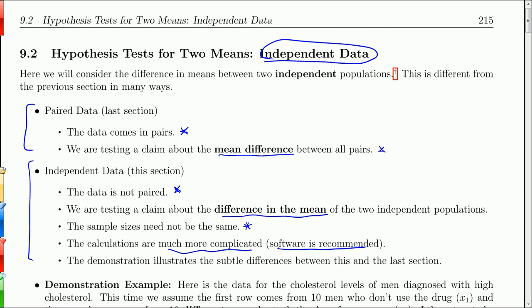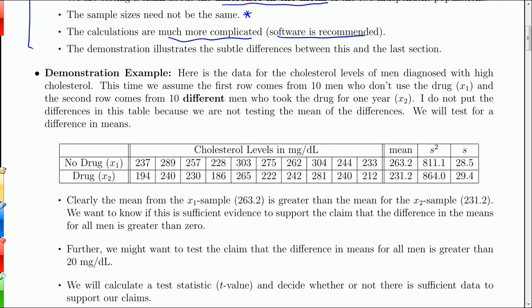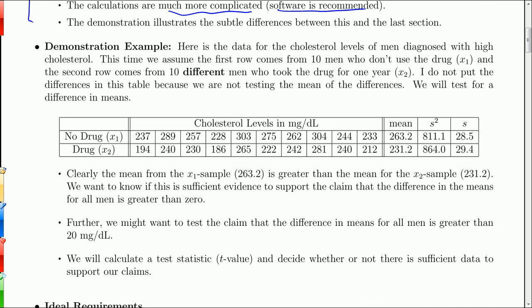We'll look at this demonstration to see the subtle difference here. Here we look at the same numbers from Chapter 9.1, only now we're going to consider them slightly differently. Instead of being the before and after for 10 different men, we're going to have 20 different men: 10 that took no drug, those are the cholesterol levels for 10 men who did not take the drug, and then this second row will be the cholesterol levels for 10 men who did take the drug.